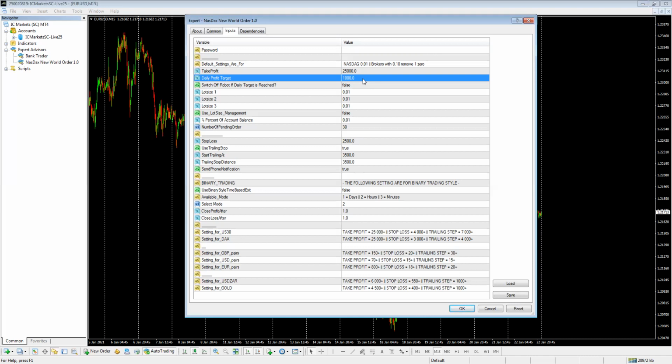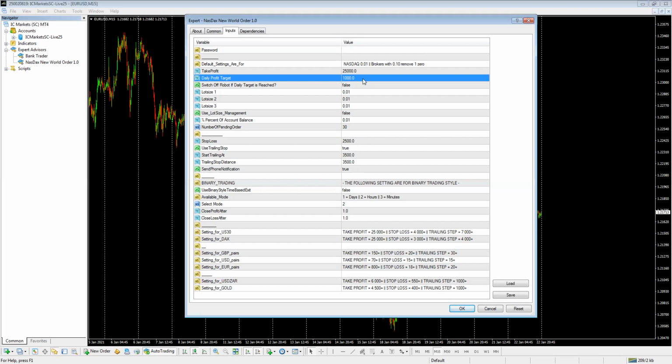Looking at your daily target of 1,000 and what you actually got of $80, it will not make sense to you, as if the robot said, "This is what I'm going to give you." The robot doesn't say, "I'm going to give you 1,000 a day." The robot says, "How much do you want to make a day, so that if I reach this amount, I can stop working?" That's what it means. If I reach this amount you're giving me, I will stop working.